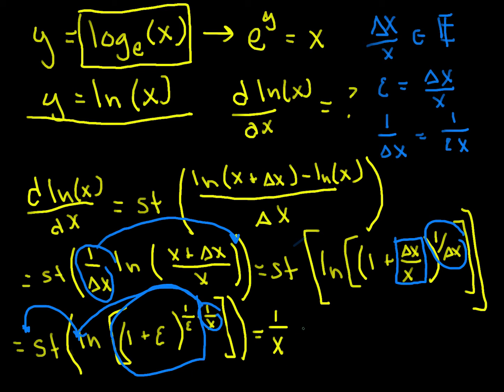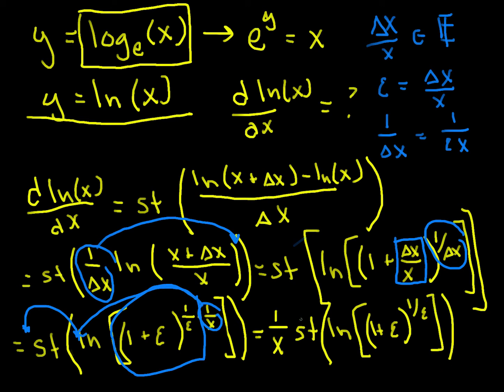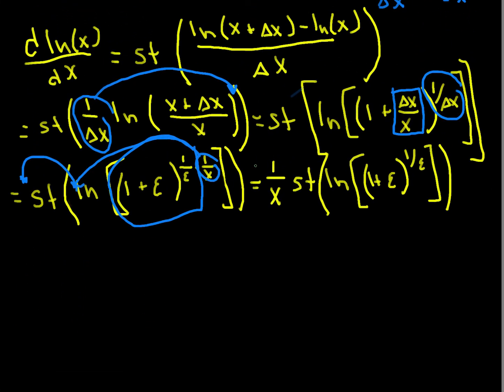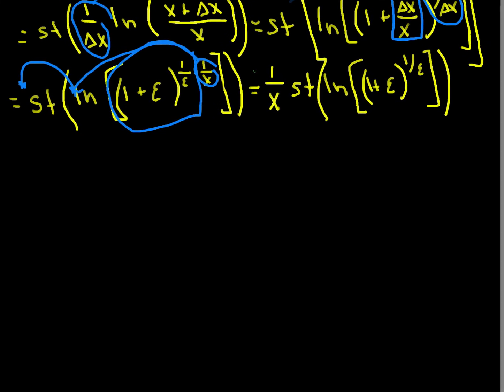So this is 1 over x times the standard part of the natural log of 1 plus epsilon, all raised to the 1 over epsilon. So the x came out, and I'm taking the standard part of the natural log of 1 plus epsilon raised to the 1 over epsilon.